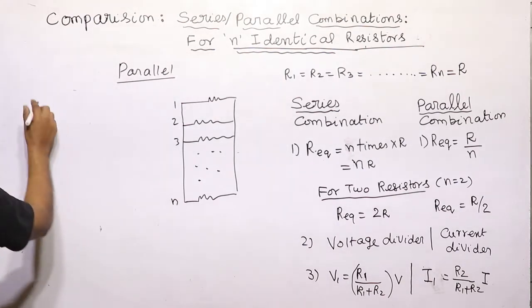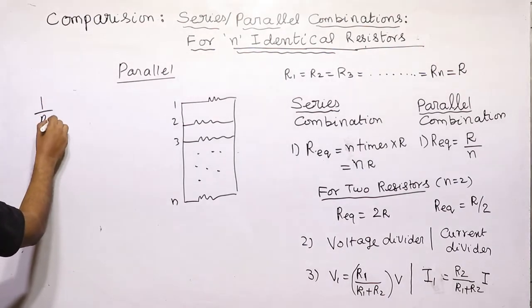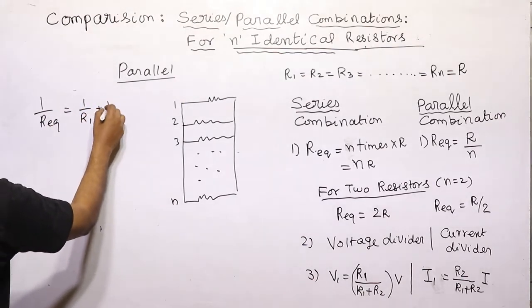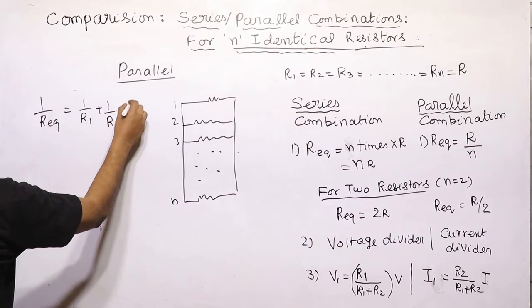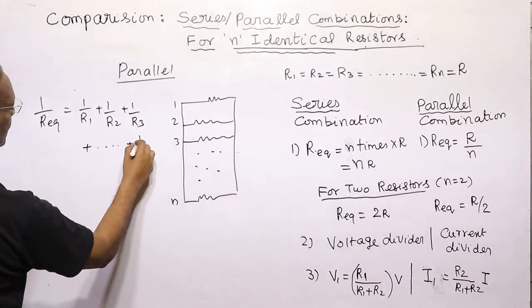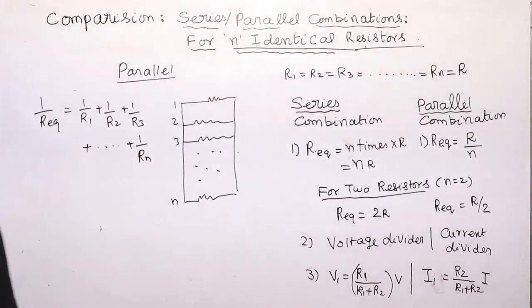See, in parallel, 1 by R equivalent is equal to 1 by R1 plus 1 by R2 plus 1 by R3 plus up to plus 1 by Rn, the nth resistor.